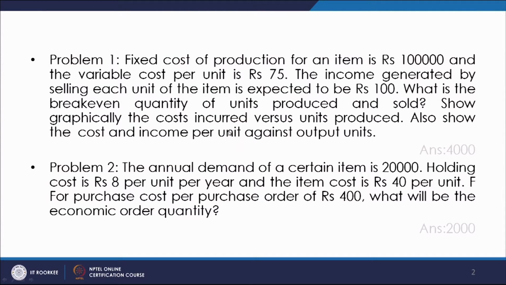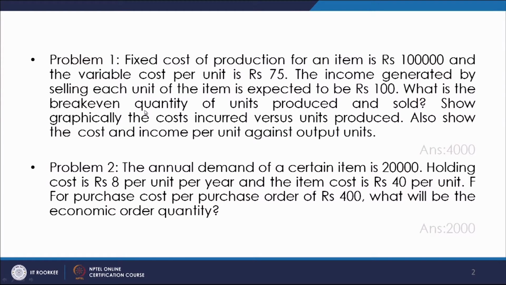The problem is like this: the fixed cost of production of an item is rupees 1 lakh and the variable cost per unit is given as rupees 75. The income generated by selling each unit of the item is expected to be rupees 100. So, you have fixed cost, you have the variable cost per unit as well as the selling cost.